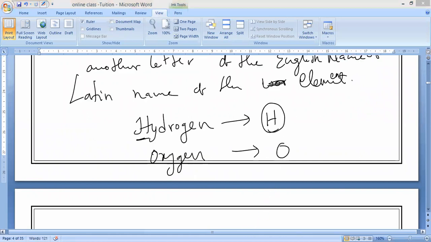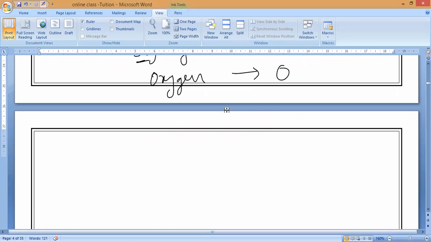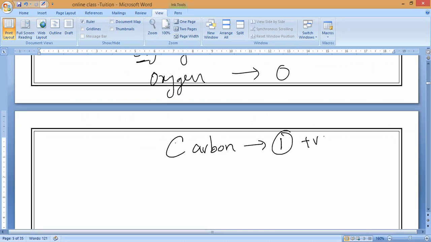Like carbon, what is the first letter? C. Next, calcium. Ca. Why? Because C is already taken by carbon.